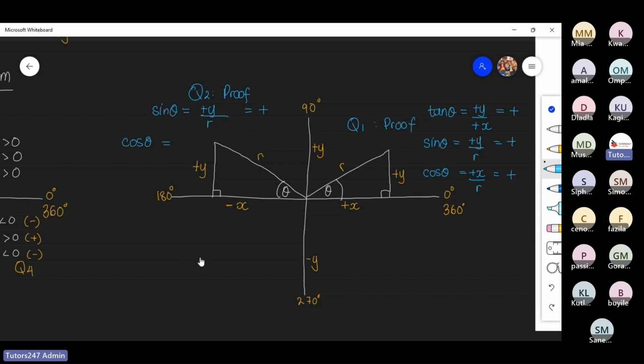Now keep in mind, cos is adjacent over hypotenuse. Adjacent is our x value and hypotenuse is our r value. So adjacent, which is negative x, over positive r is going to give you a negative value. If you divide a negative number by a positive number, you are going to get a negative answer.